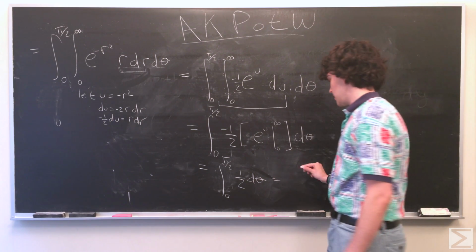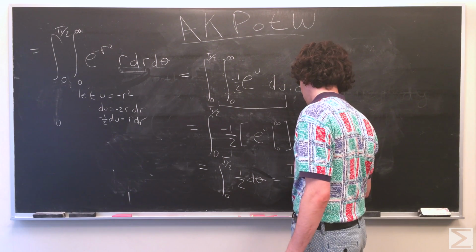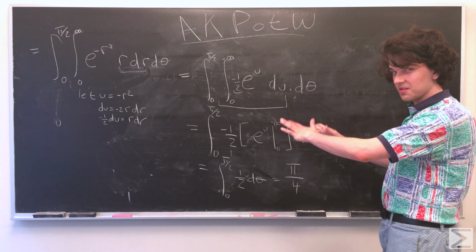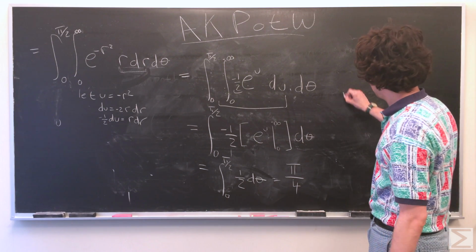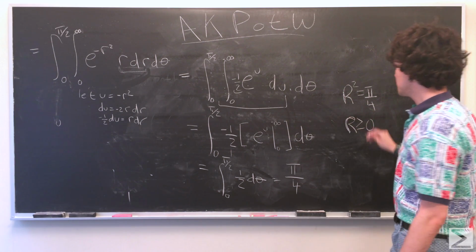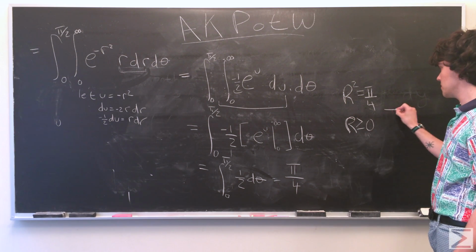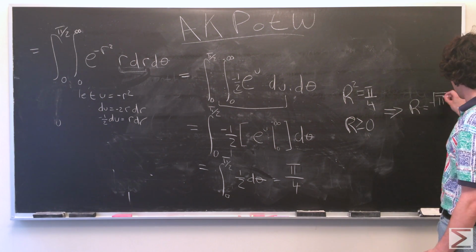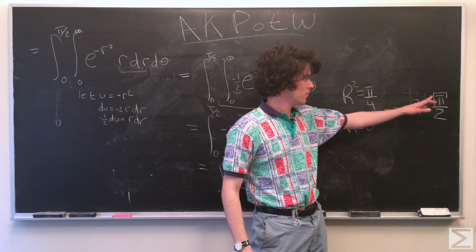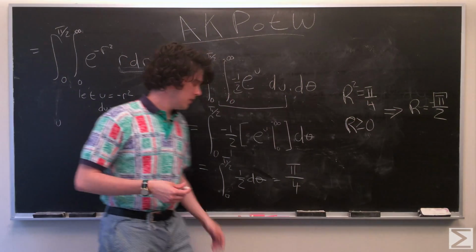So what we get is pi over 4. And remember, this is just r squared here, so since r squared is pi over 4 and r is greater than or equal to 0, then r is going to be root pi over 2, not negative root pi over 2, just root pi over 2.